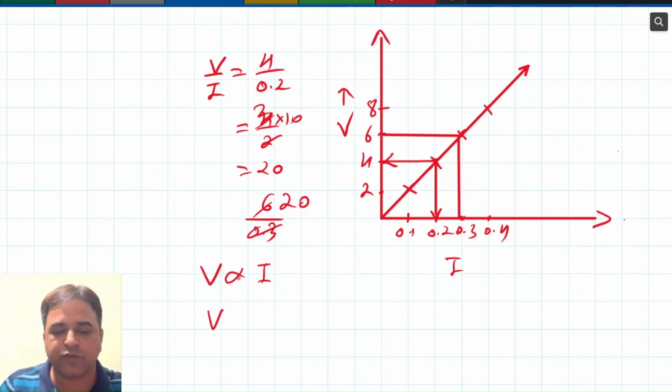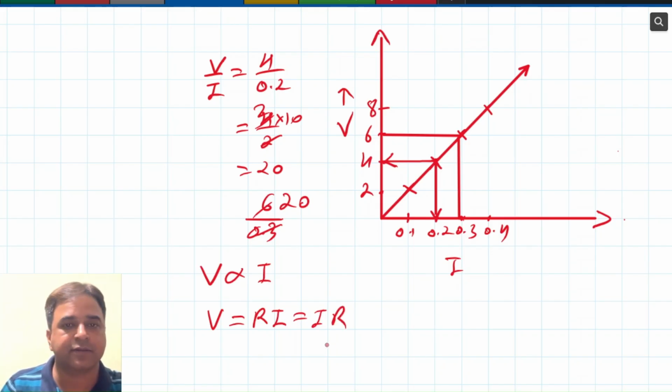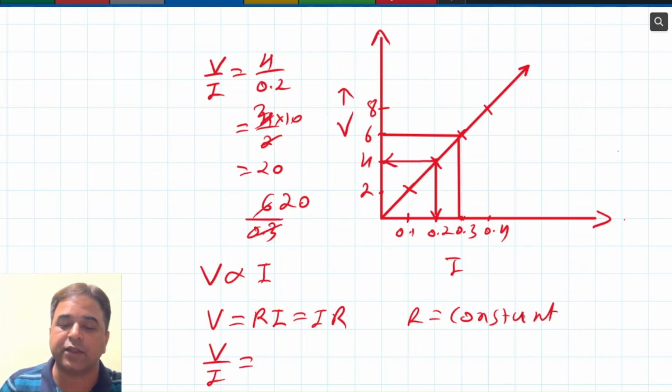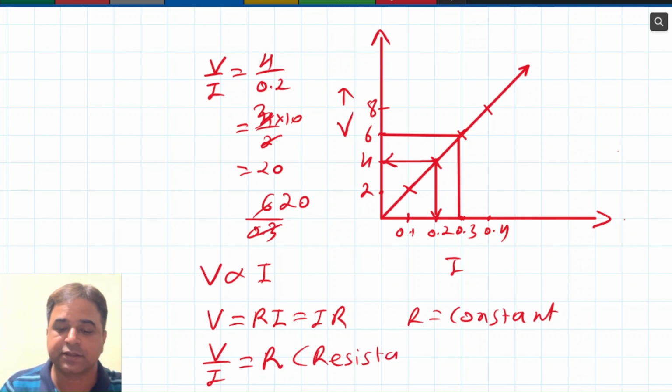So if we remove this proportionality symbol, it will give you V is equal to R I, or you can say simply IR. And if you take ratio of V upon I, it is coming constant. So this R what we have taken is nothing but a constant value, and this is nothing but your value of resistance.